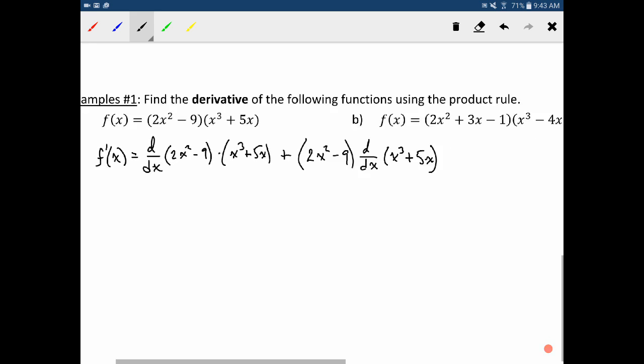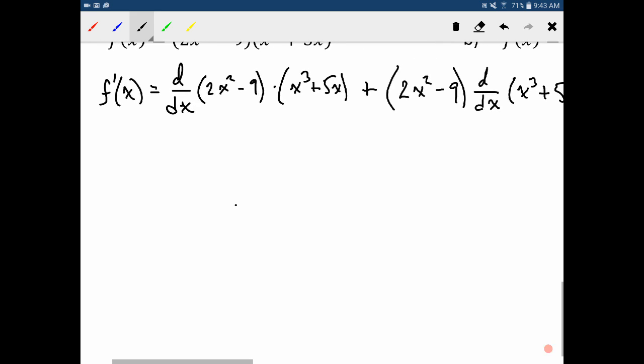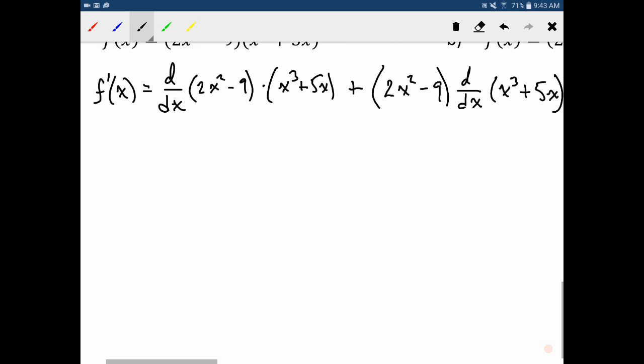So let's actually do it. The derivative of this first one here is just going to be 4x, and the derivative of minus 9 is just 0.